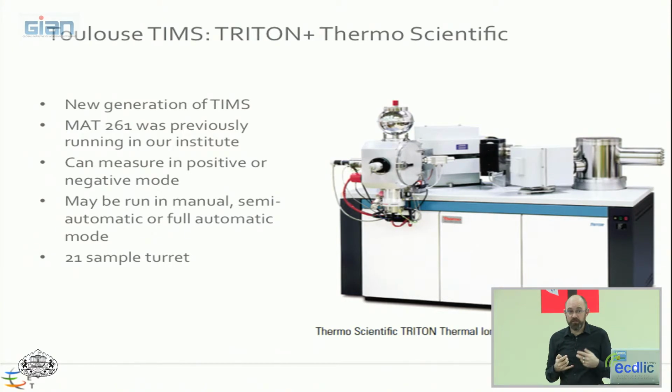You can run in semi-automatic: you heat the sample, but then you press the computer and say, okay, now you measure. Or you can run it in full automatic. Put 21 samples on the turret, tune the machine, then press a button and say, goodbye, see you tomorrow morning. And you have 21 measurements of the strontium, for example, isotopic composition.